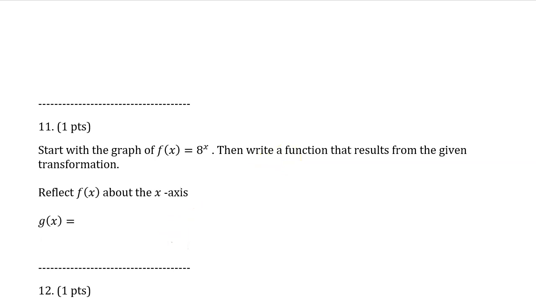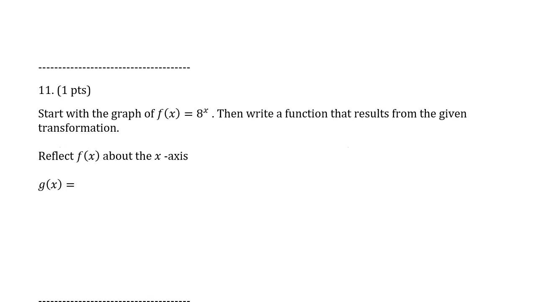Start with the graph of f of x equal to 8 to the x, then write a function that results from the given transformation. Reflect f of x about the x-axis. Reflecting about the x-axis actually gives you a graph that comes over the x-axis and shows the reflection down below.